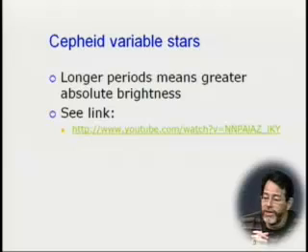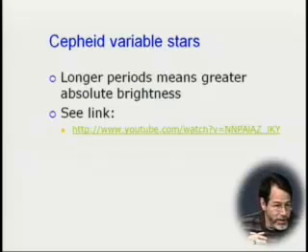Isn't it great that our sun doesn't do that, so we wouldn't have extremely hot months and then extremely cool months? But then people realized, in particular Henrietta Leavitt, that these pulsating variable stars, some of them appear to have similar spectra, so they all seem to be the same type of star. And also, you can tell how intrinsically bright the star is by how long its pulsation period is.